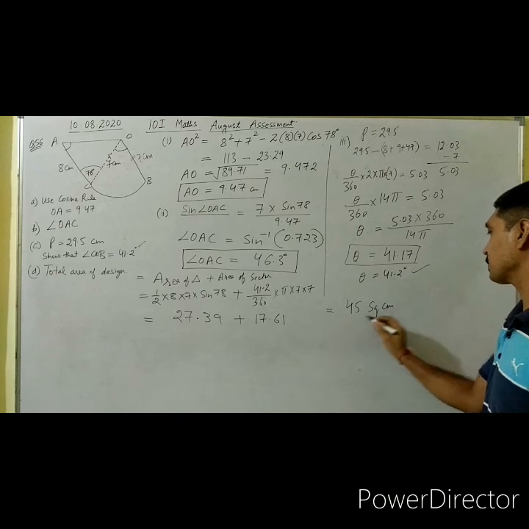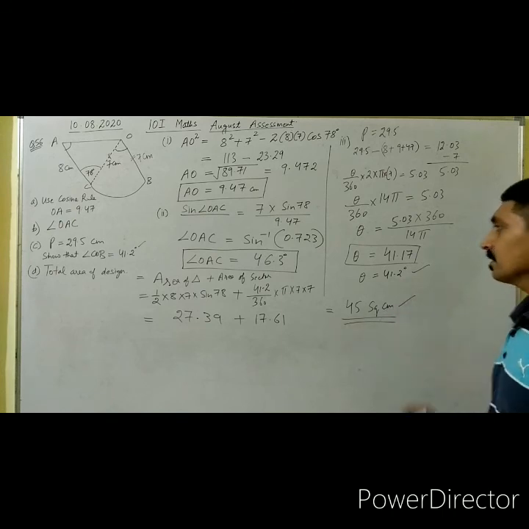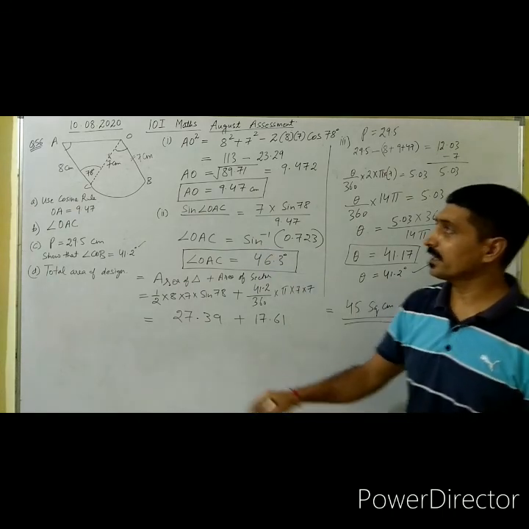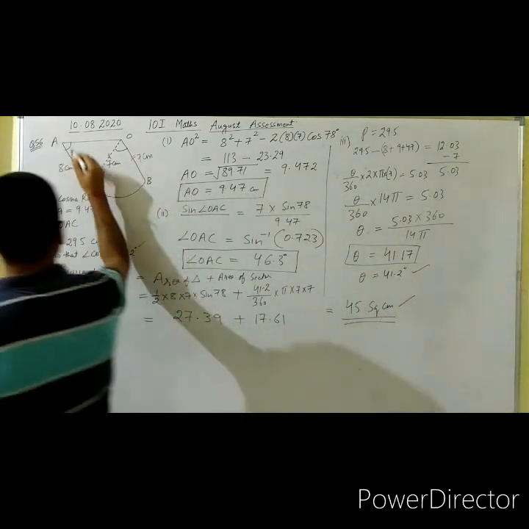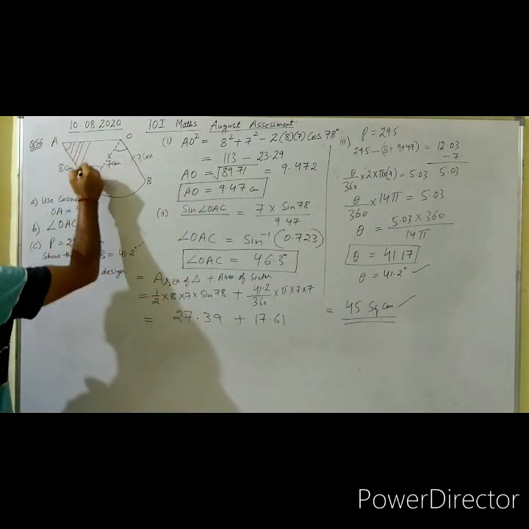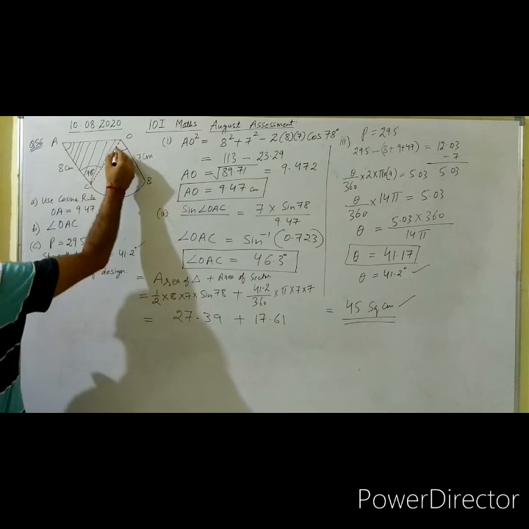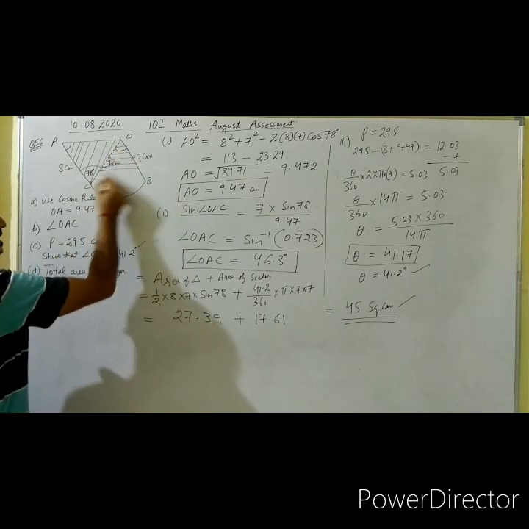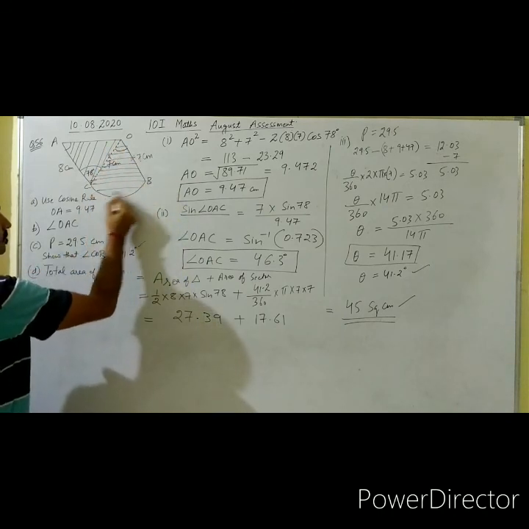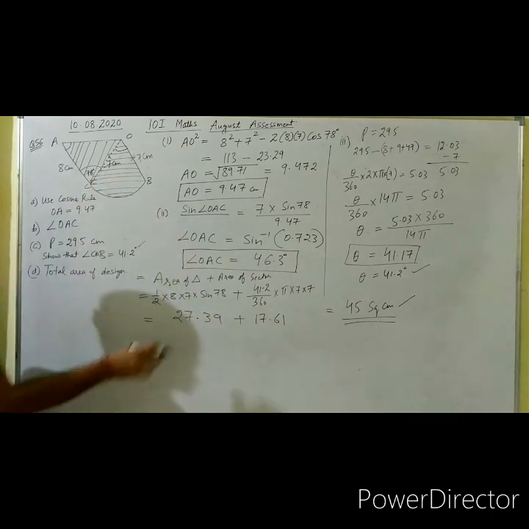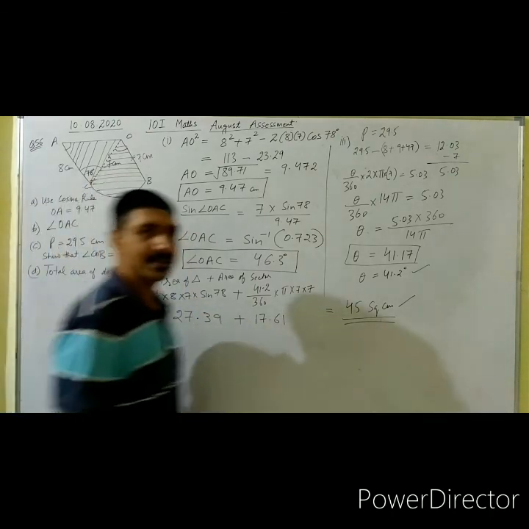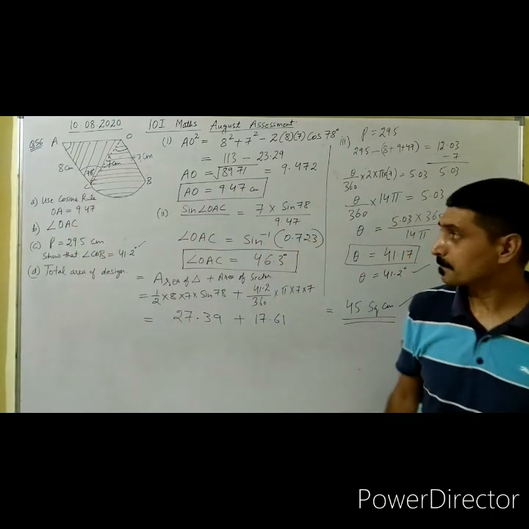So this is all about the question. This is the total shaded area here. This is the area of the triangle, right? And this is the area of the sector. Total area is 45 square centimeter.